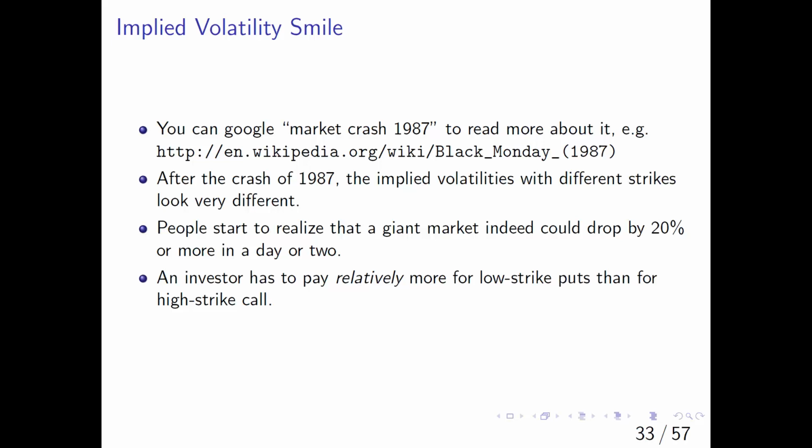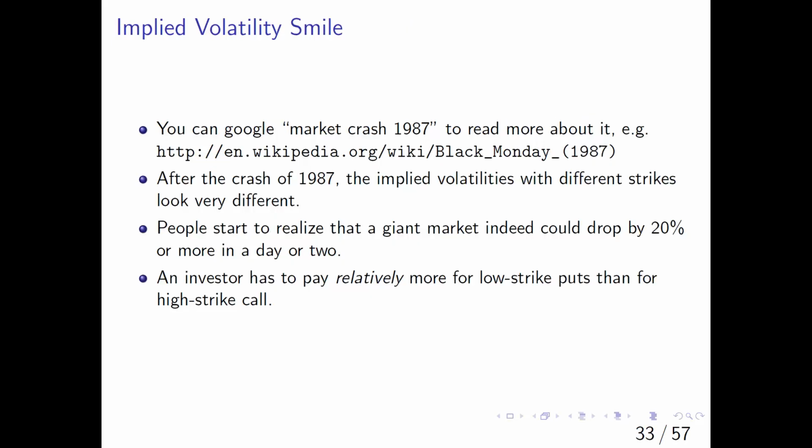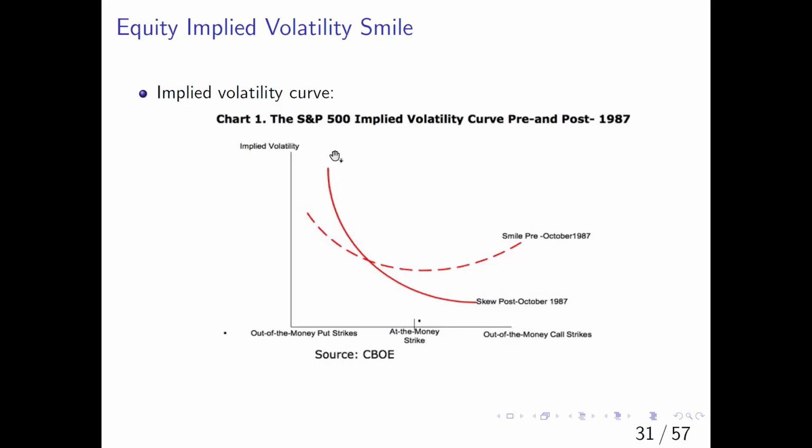That means you ask for a higher premium, which also pushes up the out-of-money put premium and, subsequently, the implied volatility. So that's why since the 1987 crash, the implied volatility has this shape.